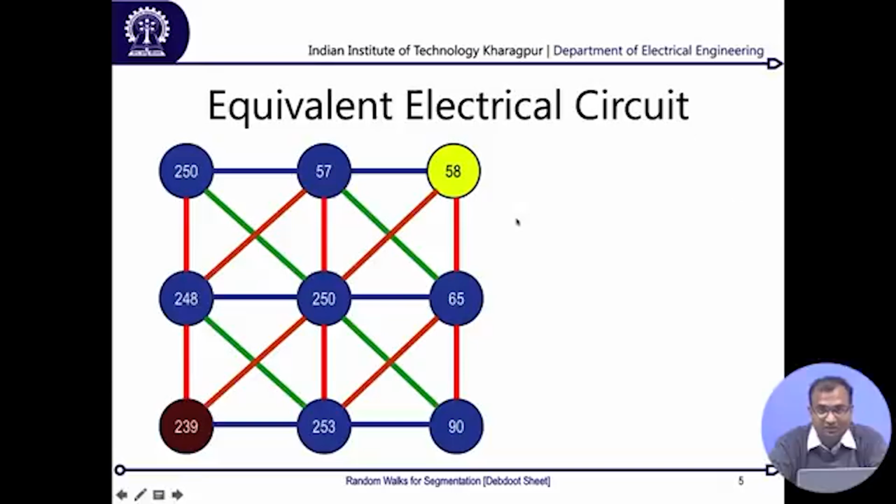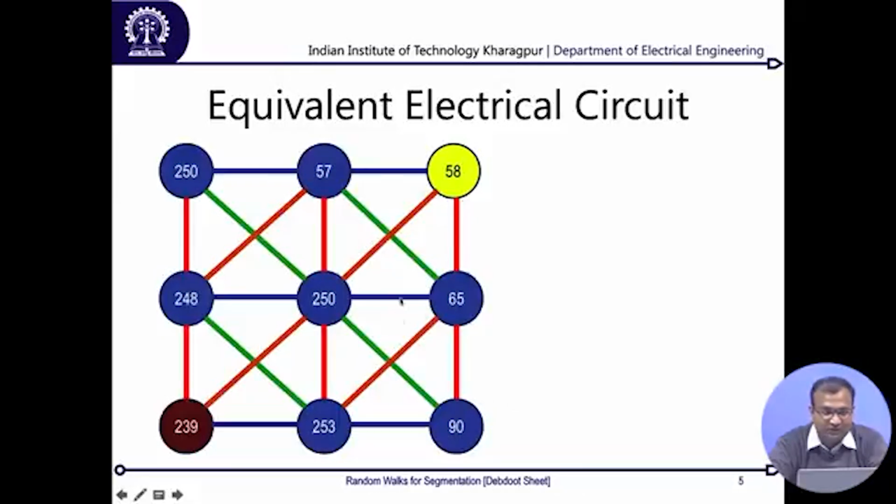Well, there is actually another, much more elegant way of solving it, and that is by treating this whole image graph as an equivalent electrical circuit. This concept comes from the fact that electrons are always in a thermally agitated state, so they follow a very random path of walking from one point to another.